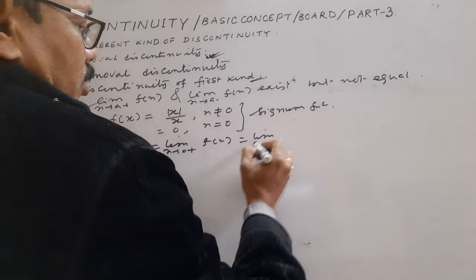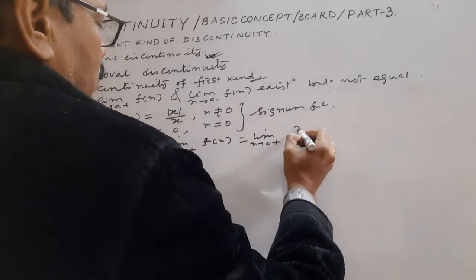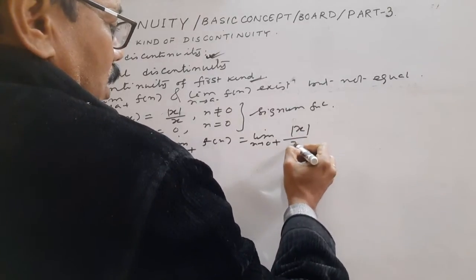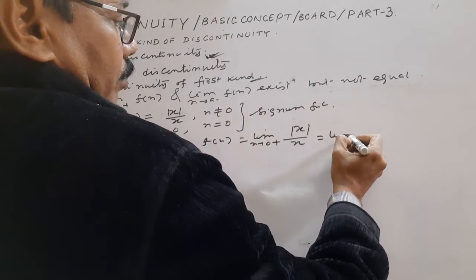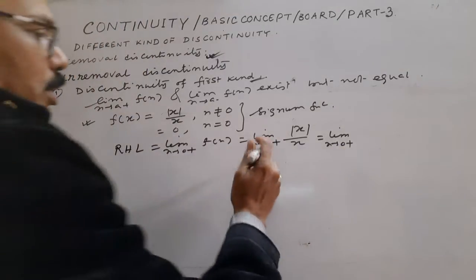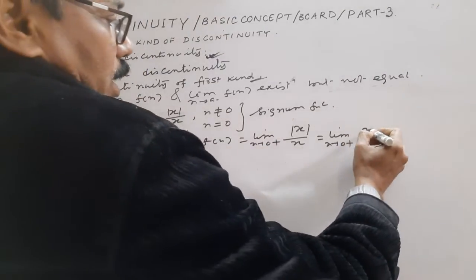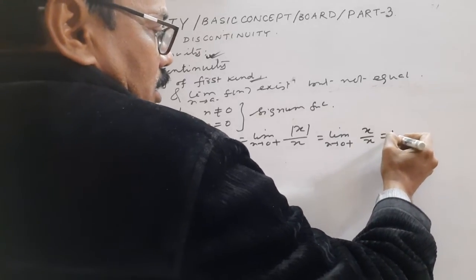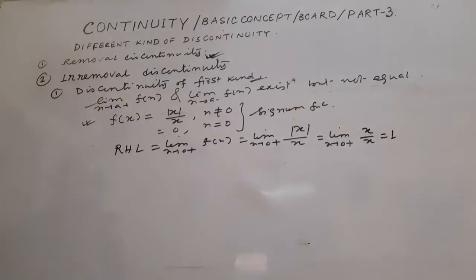For x not equal to 0, x greater than 0, mod x is x, so x by x is 1.